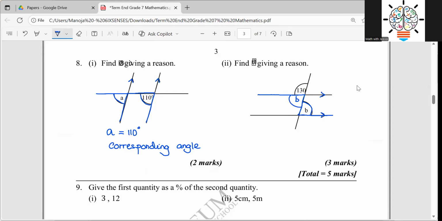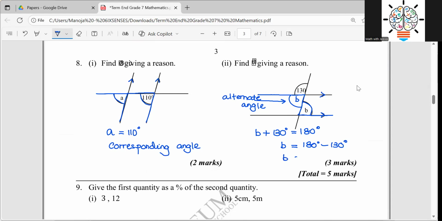How we are going to find the B? So then why this became B? That you want to write the reason. The reason is alternate angle, right? That is how it became B. So then B plus 130, that is equal to 180. So then the B is equal to 180 minus 130.